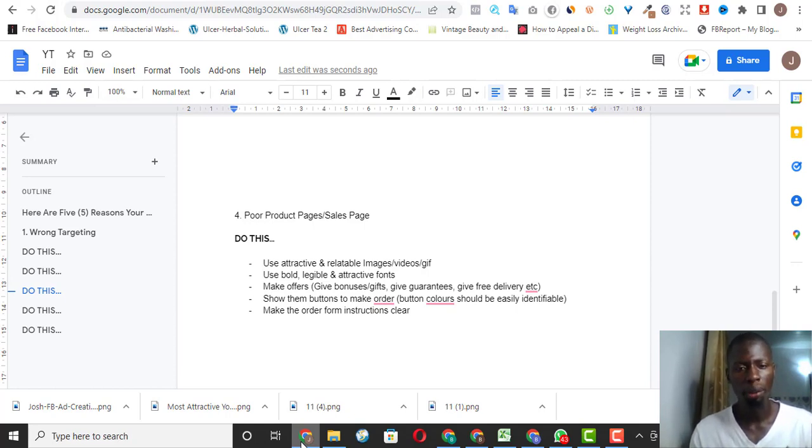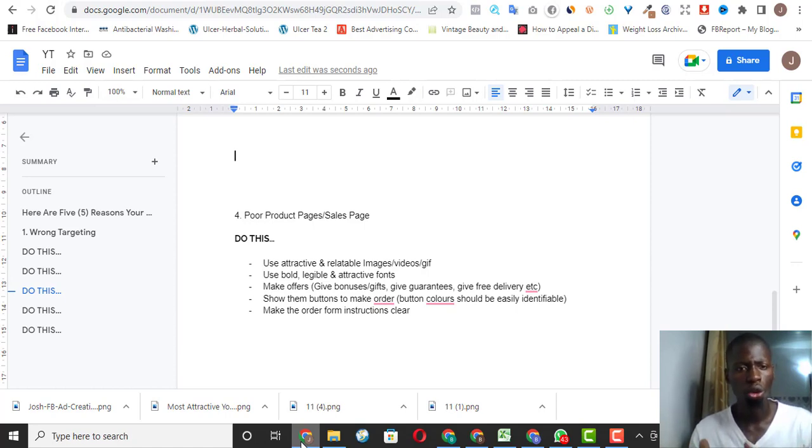Now sometimes these pages might not be properly constructed, they might not be well organized or well structured, and sometimes there are a lot of typo errors, or it could just be the proper arranging of the fonts, or even the poor type of fonts that you are using. All these things can eventually hurt your advert, because people will want to buy from a page that they see as beautiful, something that looks like a brand to them, something that looks aesthetically beautiful.